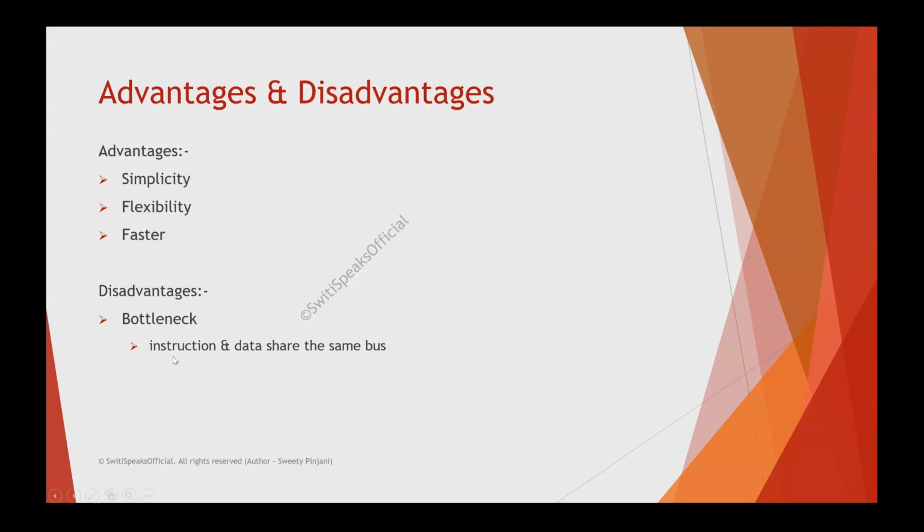So instruction and data can't be carried in the same bus at a time. At a time, either instruction will be carried or data will be carried. Both can't be carried at the same time, which means the instruction fetch and data operation cannot occur at the same time. This is one of the major limitations, which is a bottleneck.